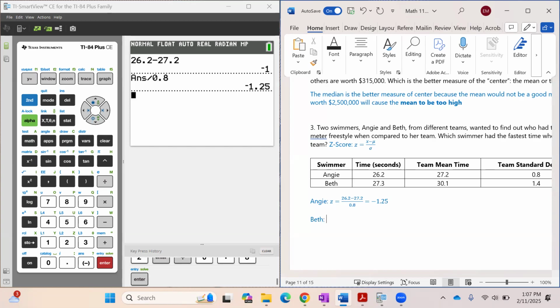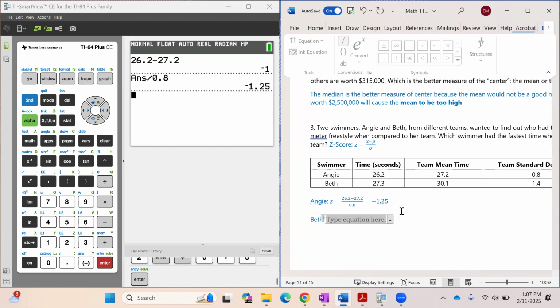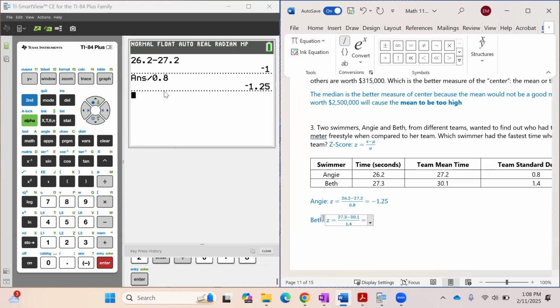Let's go ahead and look at Beth. So Beth would be z equals, her time is 27.3. Her mean time is 30.1. We want to divide that by the team standard deviation, which is 1.4. And we could do this calculation as well.